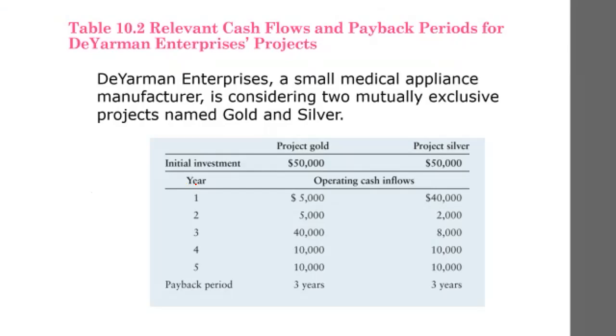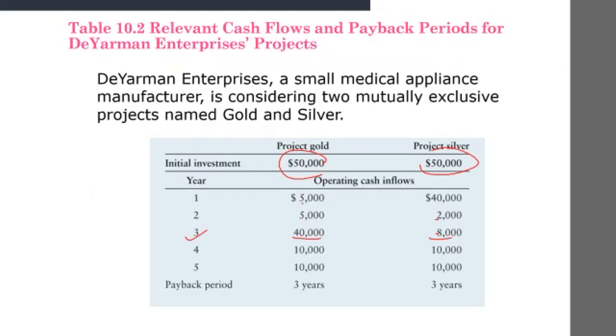Looking at project Gold, 5 and 5 is 10, and 4 is 50. It covers it in 3 years. Project Silver, we have 40, and 2 is 42, and 8 is 50. So using the payback period, both projects give us 3 years.